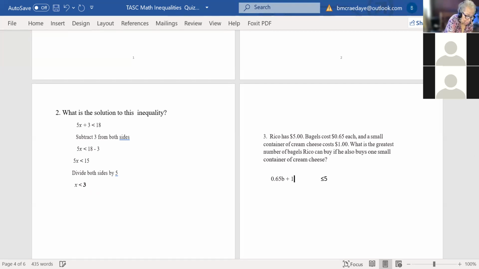We just put the $1 here, because we didn't say he was buying so much cream cheese. So there's your inequality. Solve that and tell me what B is.